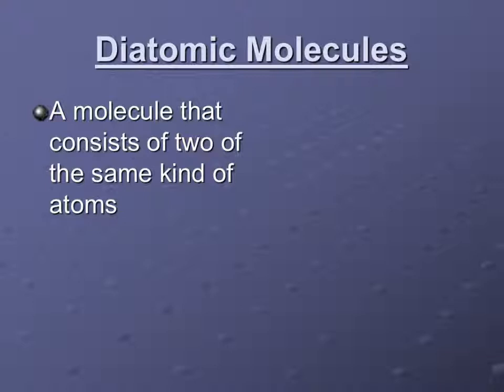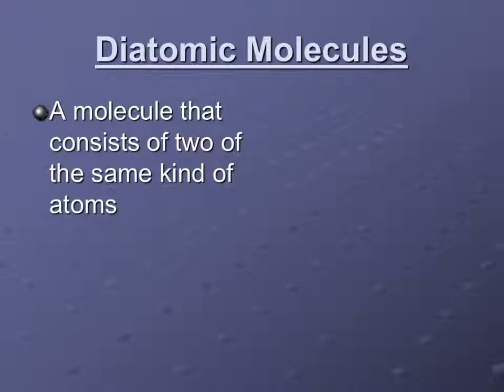So a molecule that consists of 2 atoms of the same element. So we find out that there are certain elements on the periodic table that will form diatomic molecules, but some that won't. Okay?